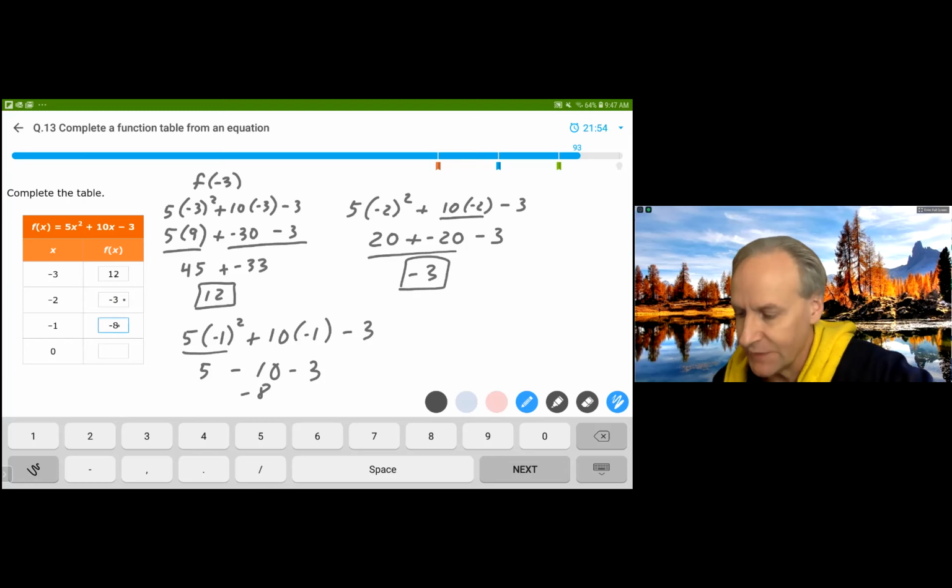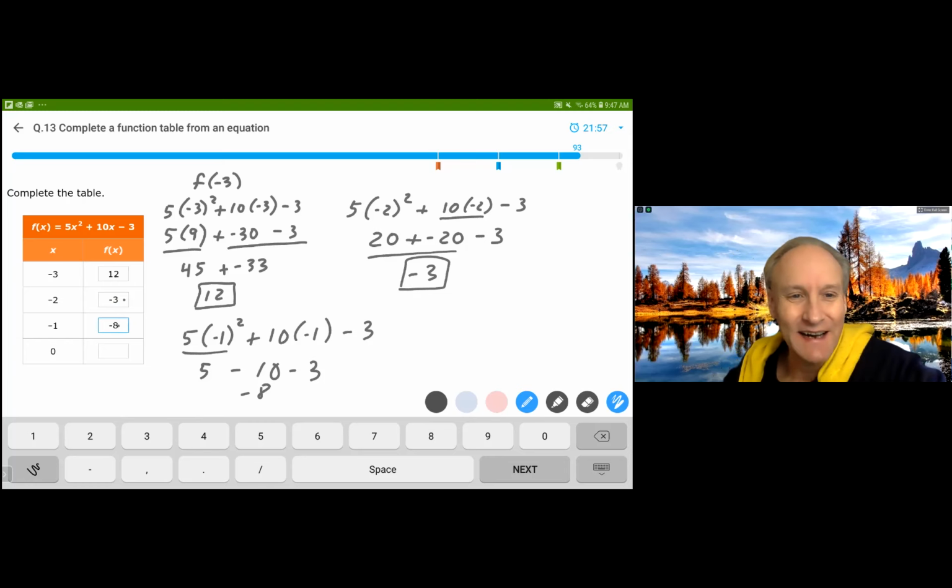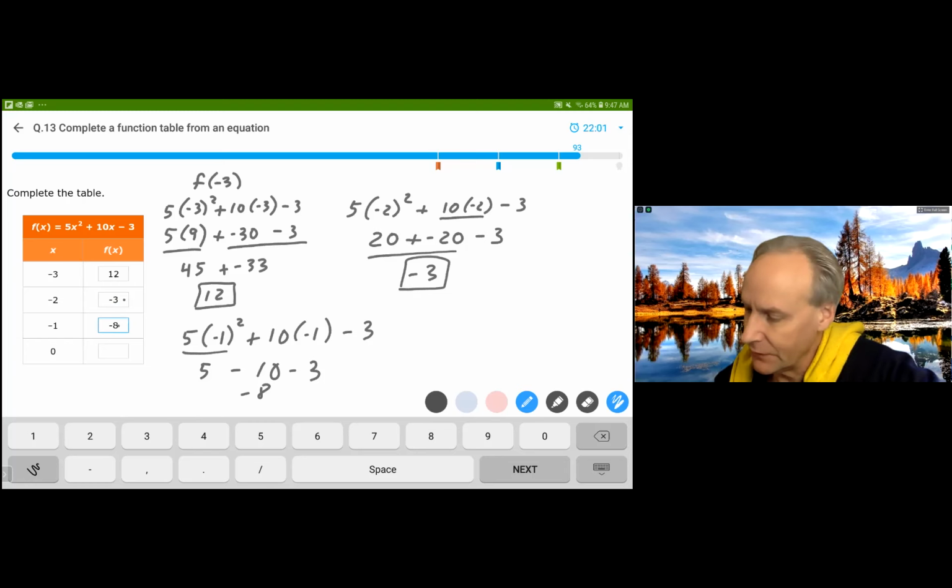Now the 0 happens to be really easy. The 0 happens to be the y-intercept for this, and we love 0 because when we put it in for x and we put it in for x squared, it gives us zeros. So I end up with 0 plus 0 minus 3, which gives me my negative 3.